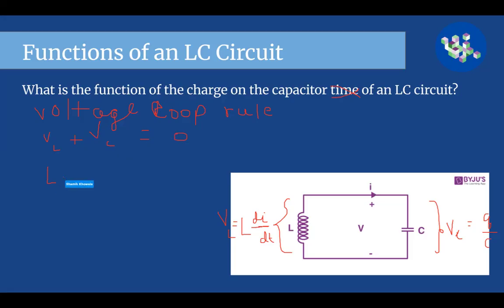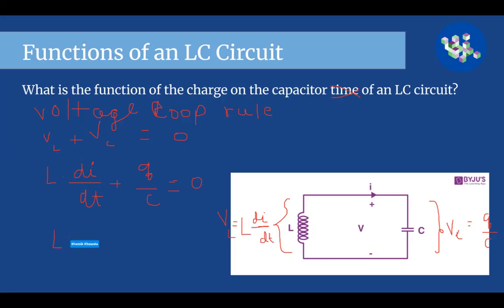So L times di/dt plus Q over C equals 0. And remember that I equals dq/dt.